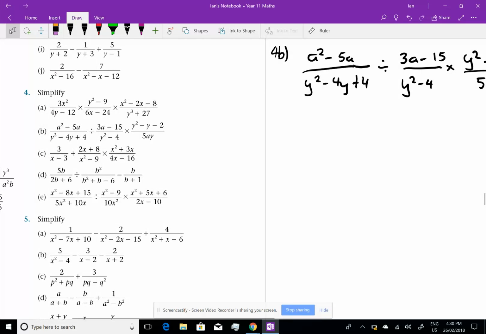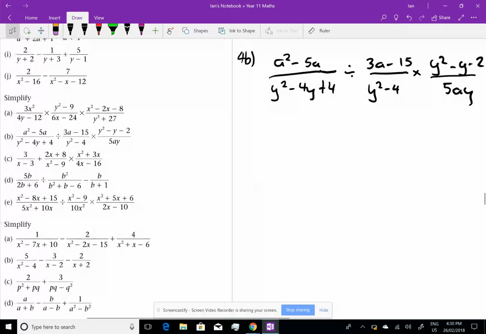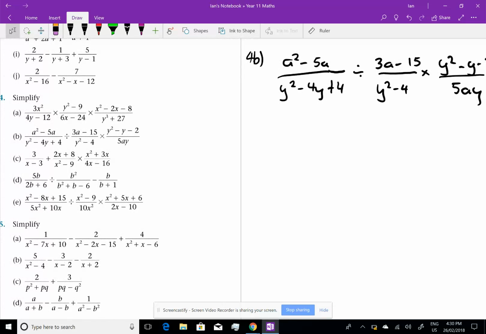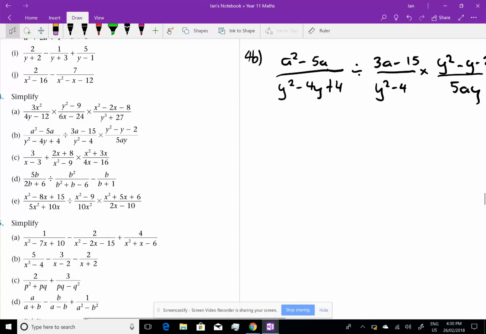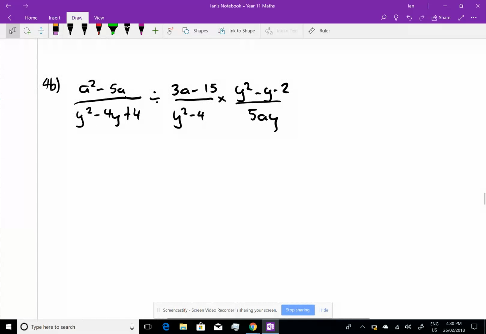Just double check I've got the right one. A squared minus 5a, 3a minus 15, y squared minus y minus 2, y squared minus 4y plus 4, y squared minus 4, 5ay. Right.